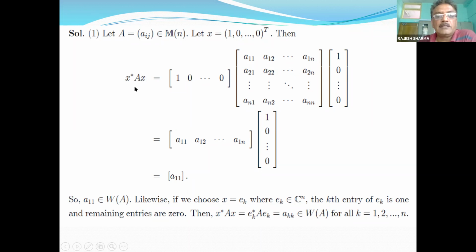So x star Ax is in the numerical range, so a11 is in the numerical range. Likewise, if we choose x equal to ek, the vector where the kth entry is 1 and all other entries are 0, then x star Ax comes out to be akk. So akk belongs to the numerical range.